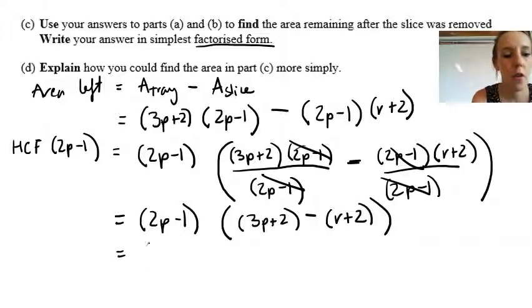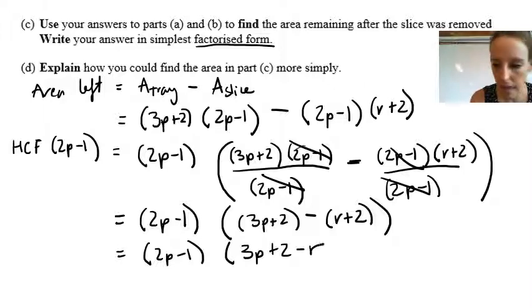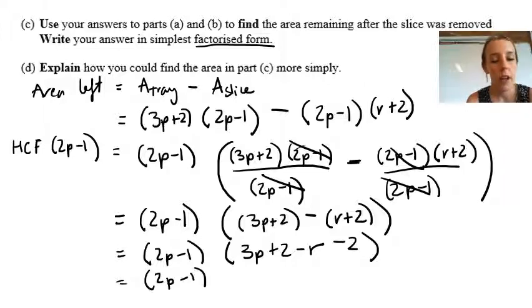Okay, so from here I can just solve this a little bit further. So this is going to be 3p plus 2 take r take 2, because I'm taking everything in those brackets there, and then I can solve that. So it's 2p take 1. So 3p, there's no like term, so that's going to stay. Plus 2 and take 2 are like terms.